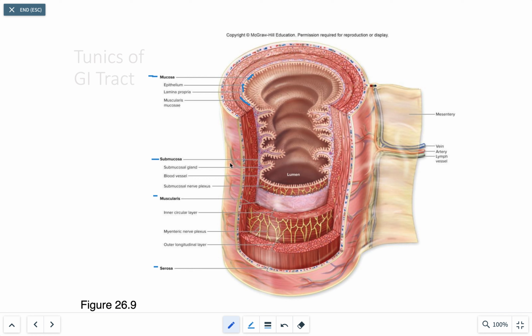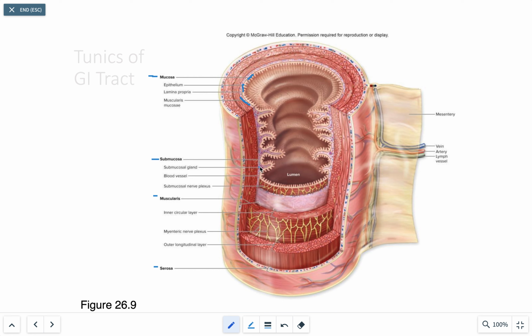And with the submucosa, we're just working our way out. We're going to have components of the lymphatic ducts. So this is where the MALT, the mucosa-associated lymphoid tissue, is located, or the Peyer's patches. So here we have the submucosal gland, which is a mucin secretion gland.